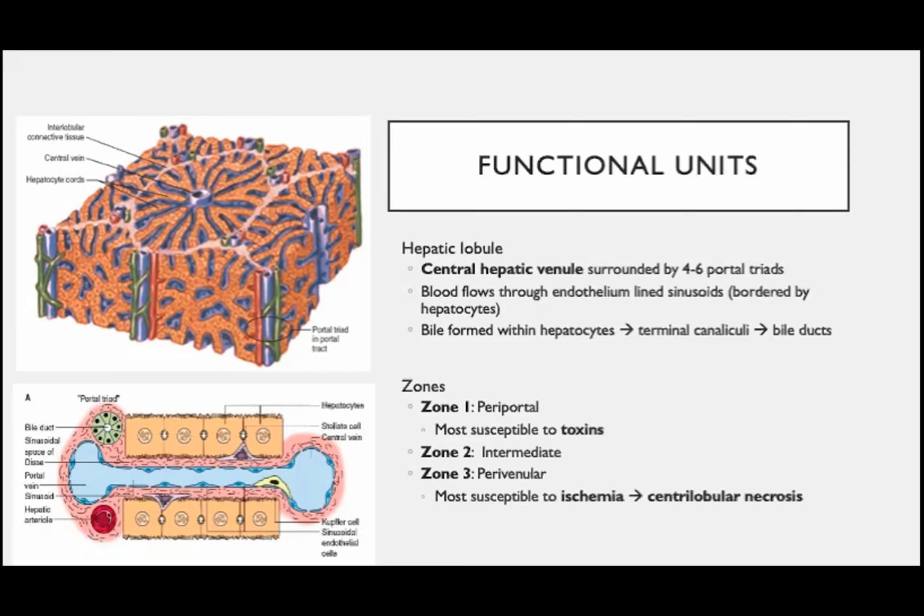Sinusoidal endothelial cells are separated from the hepatocytes by the space of Disse, which is the perisinusoidal space. In terms of zones, zone 1 is periportal, and it is the most susceptible to toxins. Zone 2 is intermediate, and zone 3 is perivenular, and it's the most susceptible to ischemia. So you can see in zone 3, central lobular necrosis.